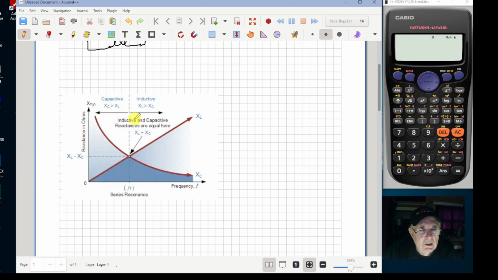Whereas the inductive is pretty much the same rate of change because it's directly proportional to the change in frequency. As the frequency goes up, so does the reactance of that. But what's important here is this point right here where these meet, where these two values are equal.